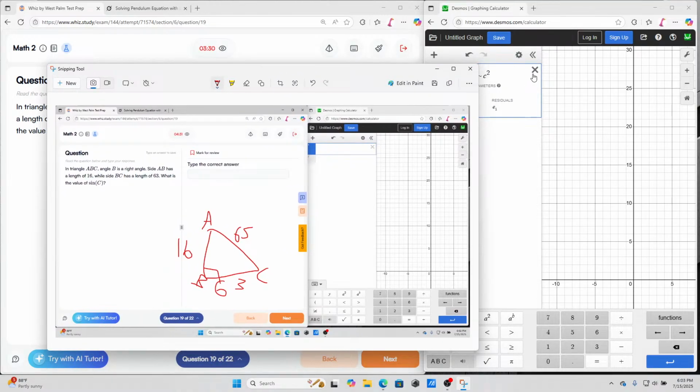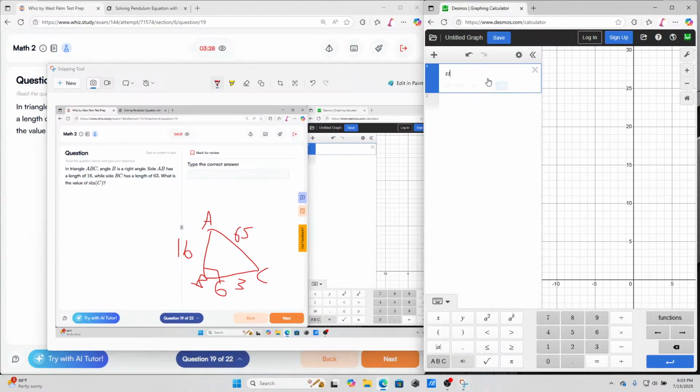So then we get the sine of 16 over, wait.